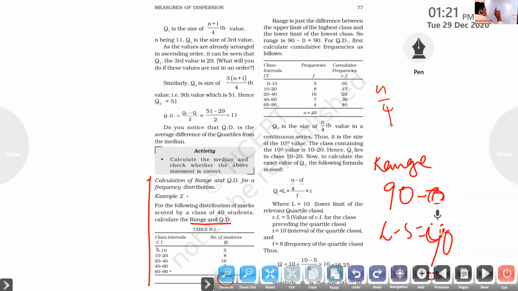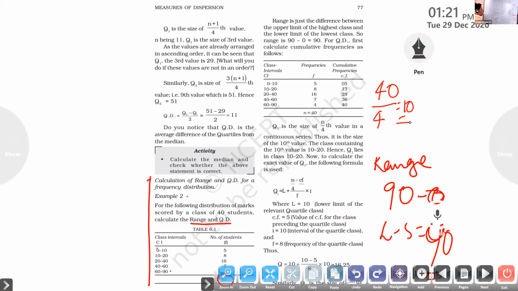Thus, it is the size of the 10th value. We know that N is 40 divided by 4, so the answer is 10.